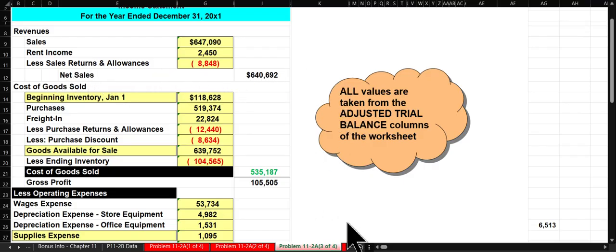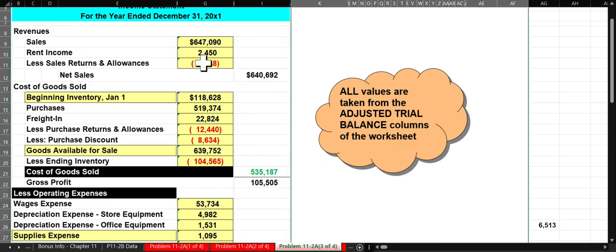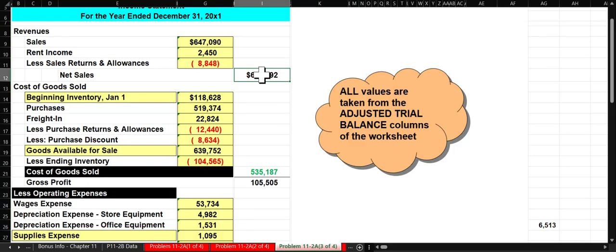The way I set up the template, numbers to be subtracted, other than others that I'll talk to you about, need to be entered as a negative. So notice that if you just entered 8,848, the template won't know what to do with the number. In fact, it will know what to do. It will just add them.